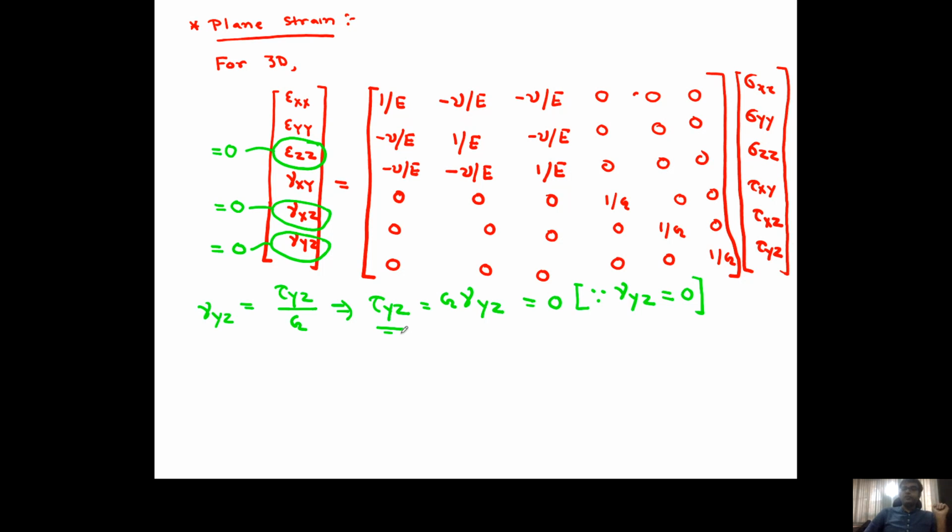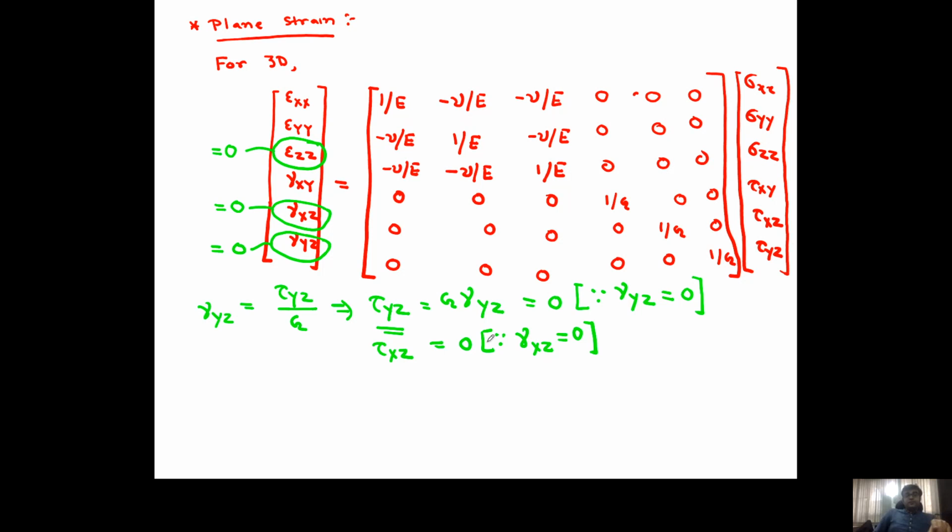So tau yz is 0. If we use the same thing on gamma xz, we will see that tau xz is also 0, because gamma xz is equal to 0.